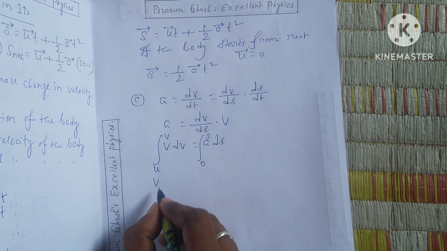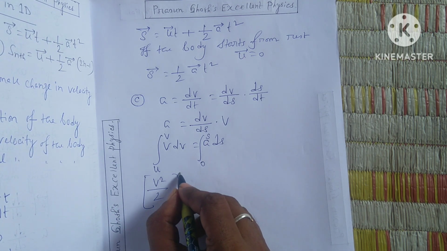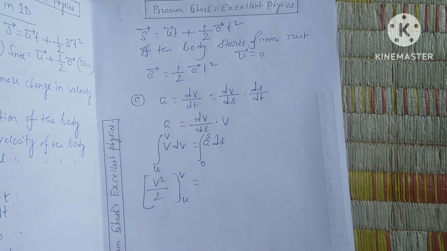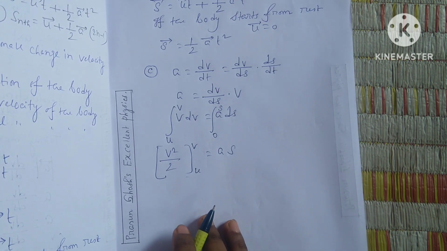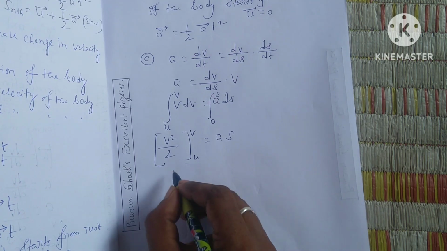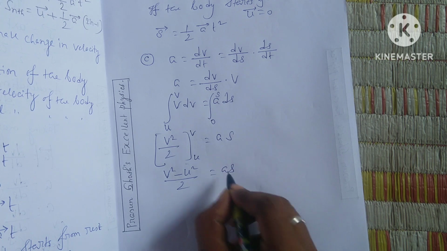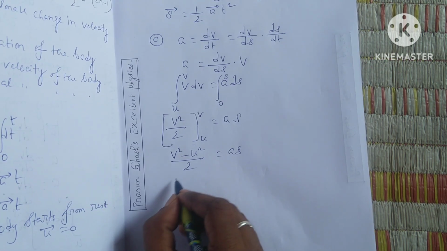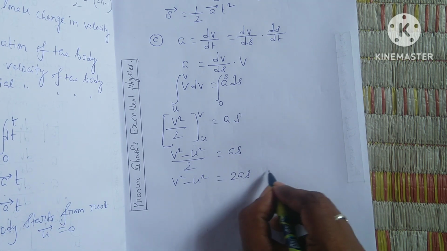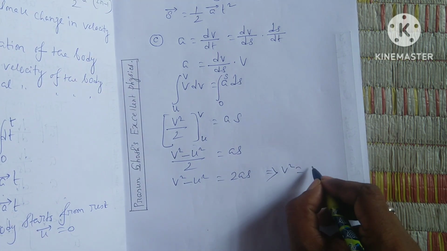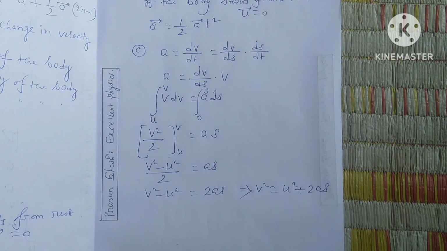So we get v square minus u square by 2 equals as. So v square minus u square equals 2as. So v square equals u square plus 2as. So this is the proof.